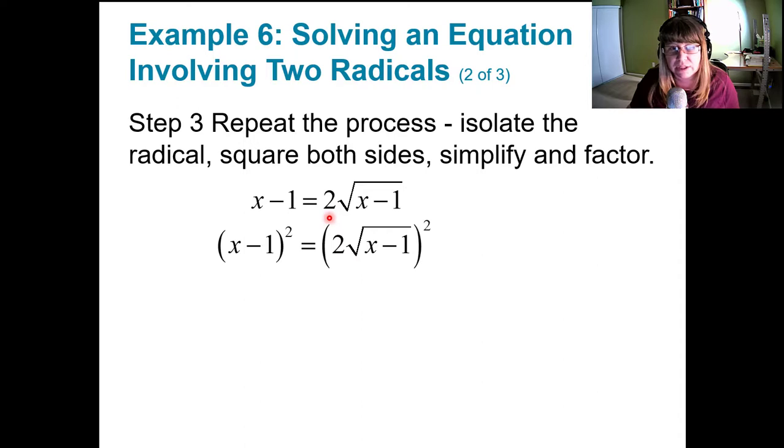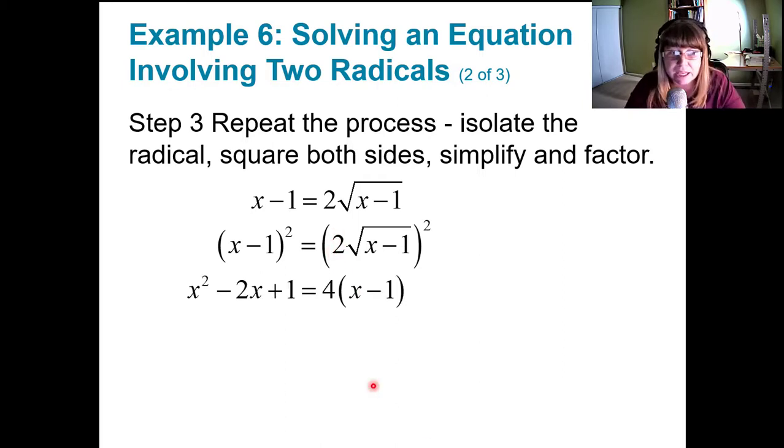Now you could have even divided it by 2, but then we would be working with fractions, so I don't mind having a value outside of the radical to square it. But you do have to remember you are squaring this value as well. So ultimately we get x squared minus 2x plus 1 equals 4 times (x minus 1). We're going to set this equal to 0 and factor and get possible solutions to our problems.